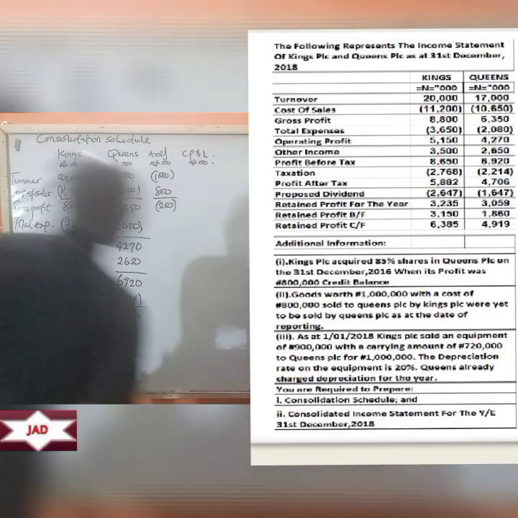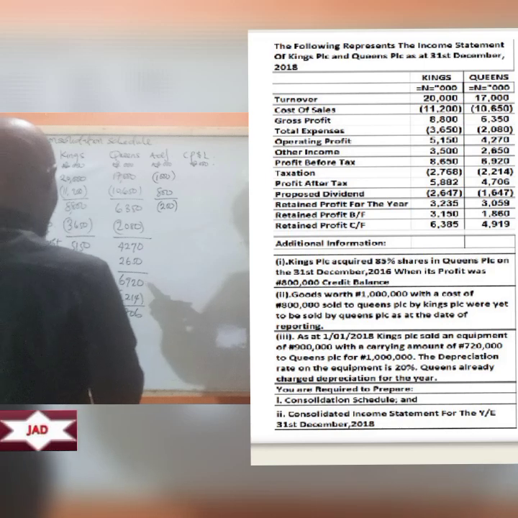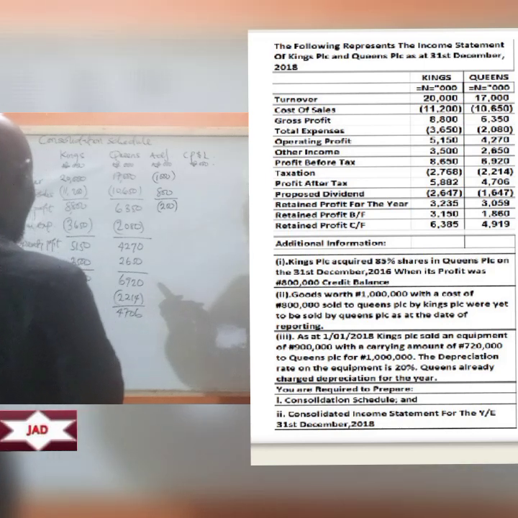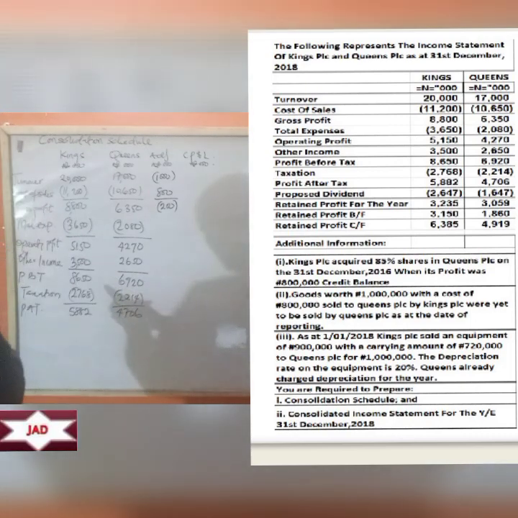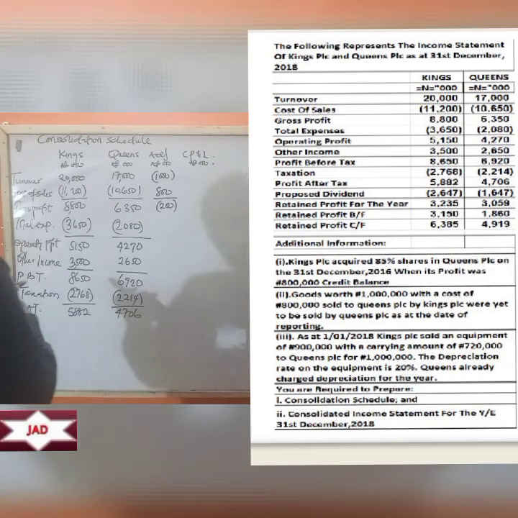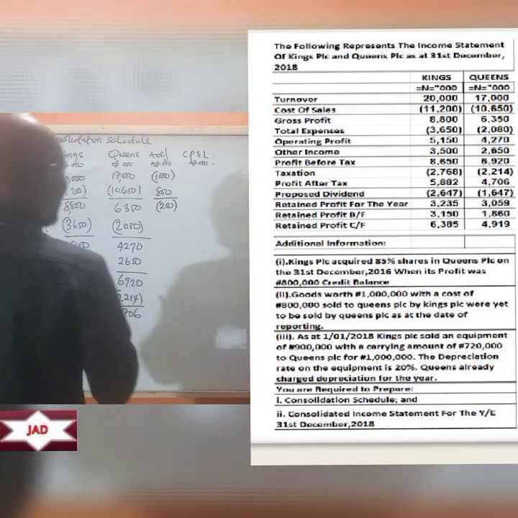So what do we have? We have 20,000 plus 17,000 minus 1,000. This is 36,000.